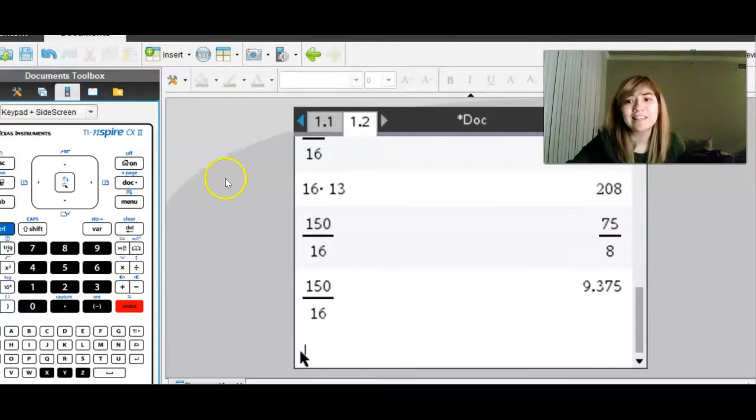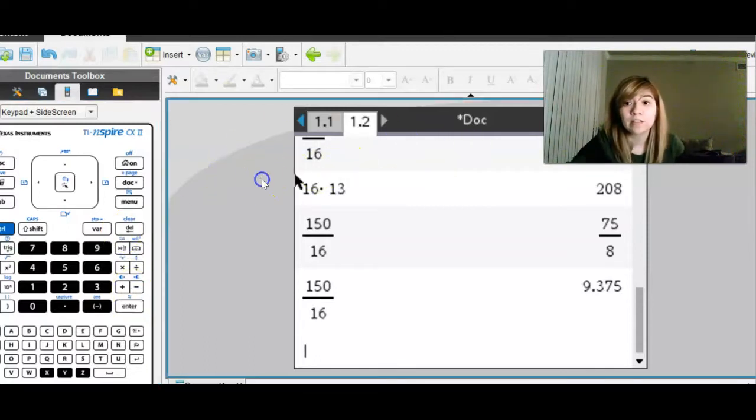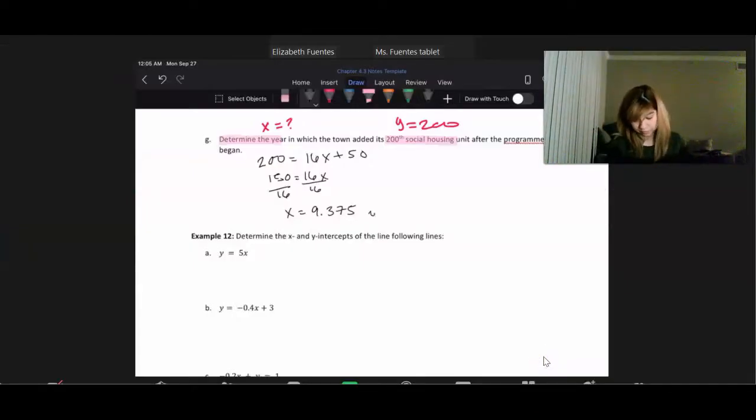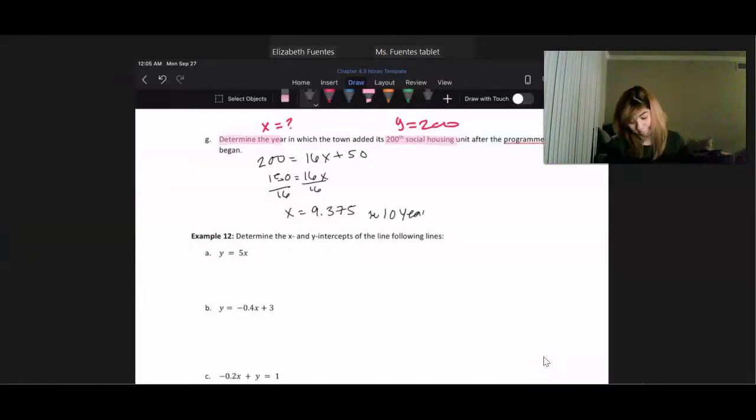Now you don't really want to say it takes 9.375 years. You actually want to round up, because that's an odd way of saying how many years it took. So it really took 10 years to get to those 200 social housing units, because we're going by homes and residences.